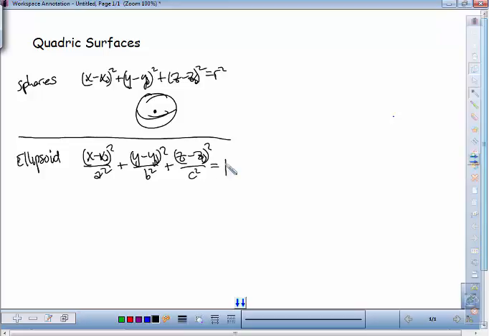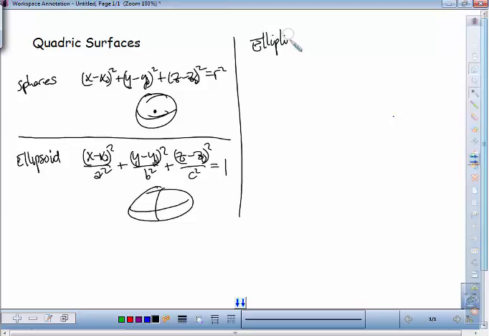And then we did a couple of paraboloids. Elliptic paraboloid.